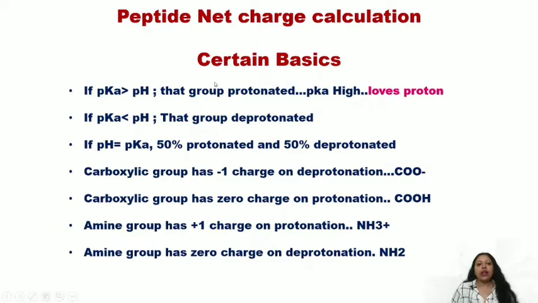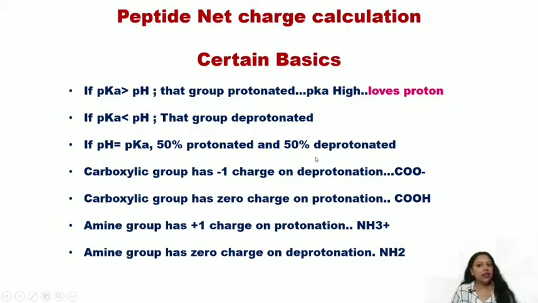So rule number 1 is that if pKa is greater than the given pH, then that particular group will be protonated. How do you remember that? High pKa loves proton.